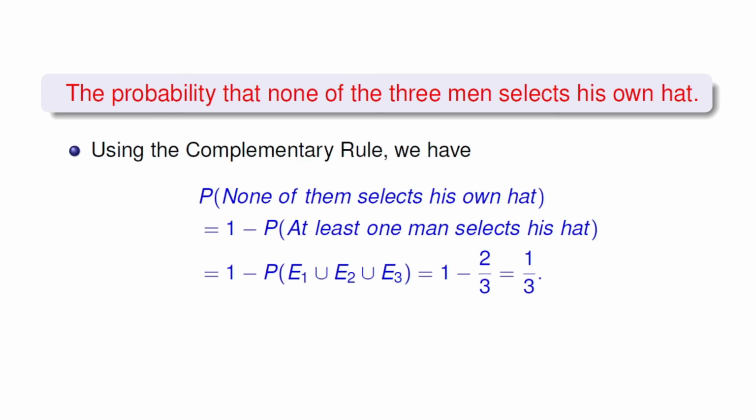Using the complementary rule, none of them selects his own hat equals 1 minus the probability that at least one man selects his hat. That is 1 minus the probability of the union E1 union E2 union E3, which we already found is 2/3. So it equals 1 minus 2/3, which is 1/3. Therefore, the probability that none of these 3 men selects his own hat is 1/3.